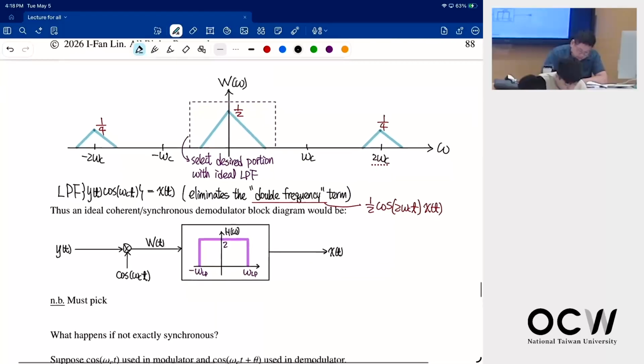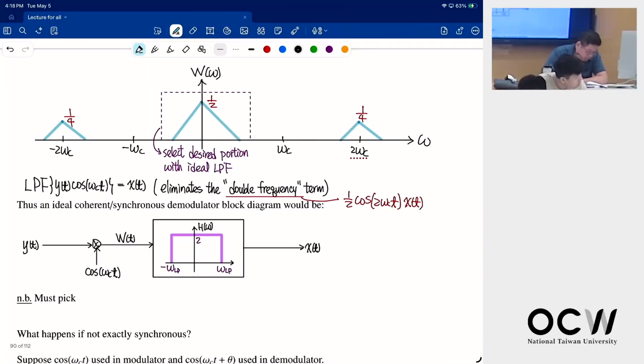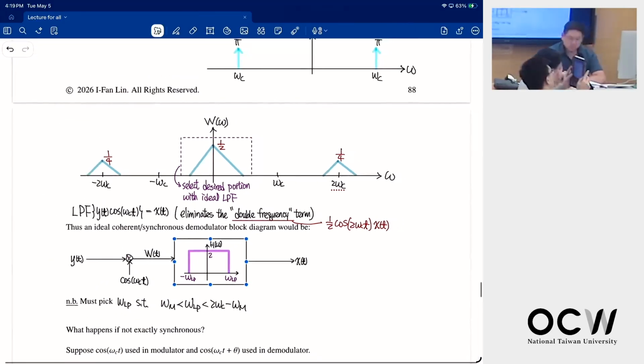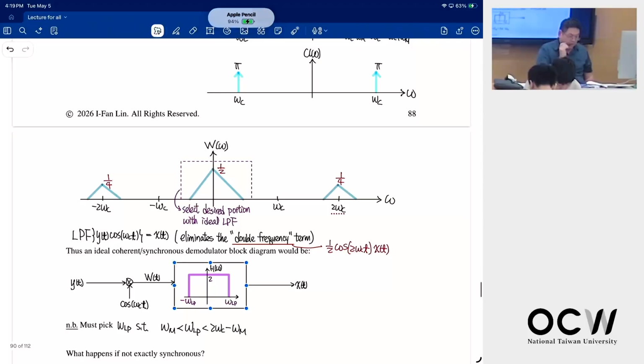The cutoff frequency should be between your bandwidth and 2 omega c minus omega m. You cannot choose outside here, right? In this case, then I have this part. Any questions for this?